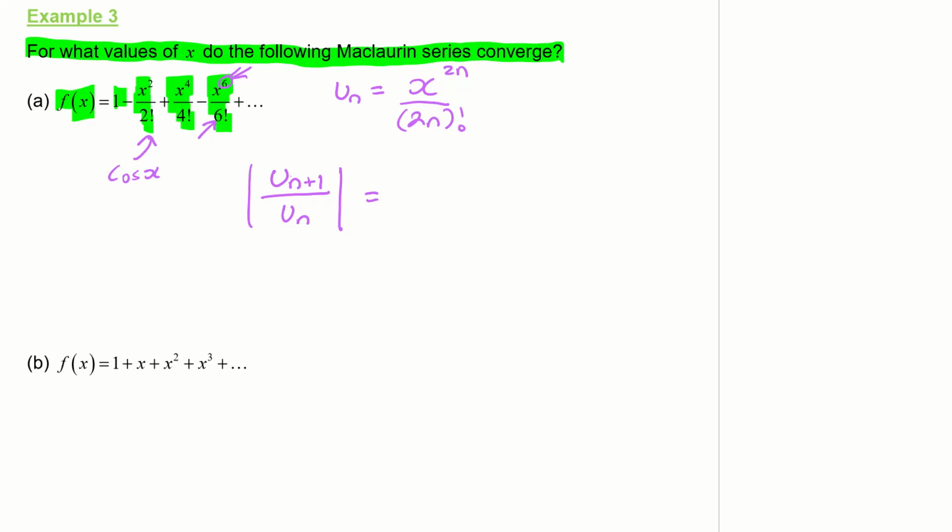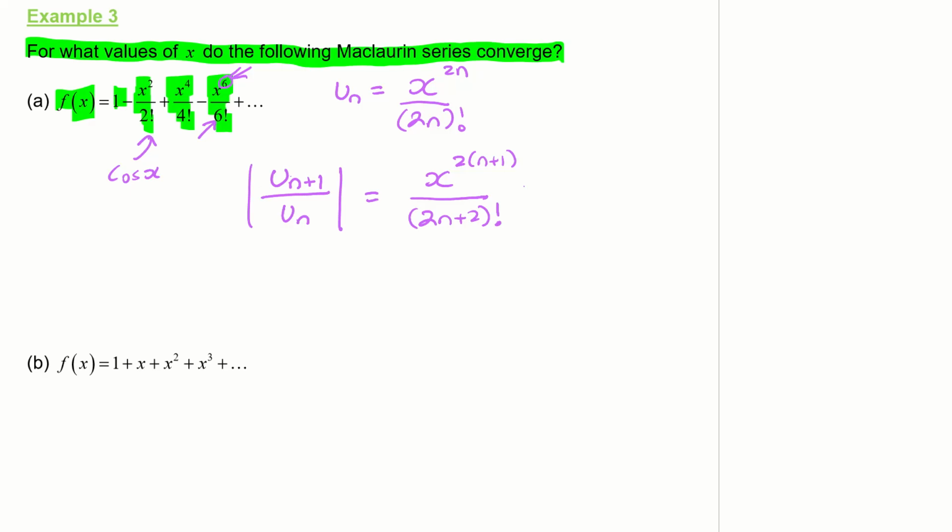And that would be x to the 2n plus 1 divided by 2n plus 2 factorial, and we're dividing by u n, and in the usual way with fractions, keep, flip, change.